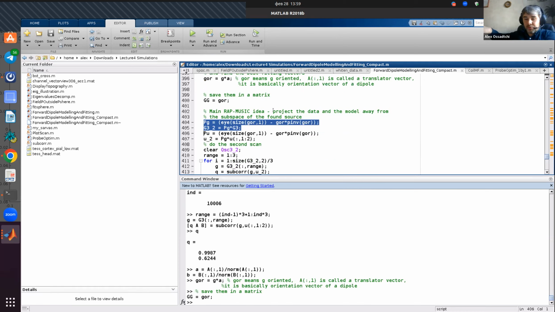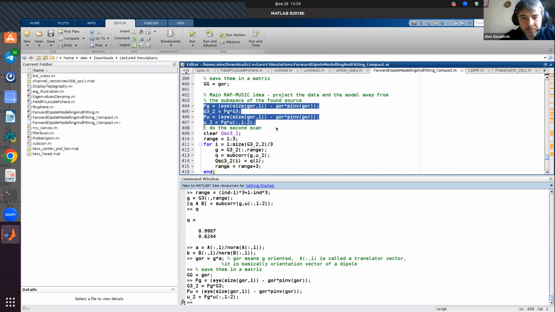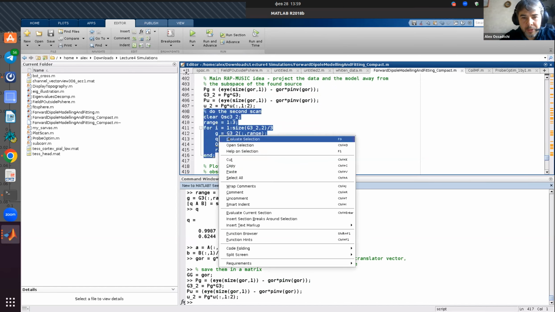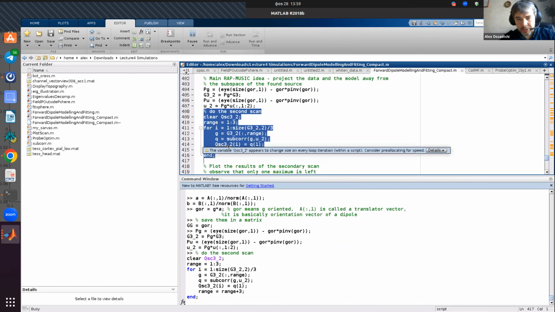You remove its contribution from the data. It's just a smart way of saying you project it. And then you do another scan. It's _2, meaning that it's a second scan.